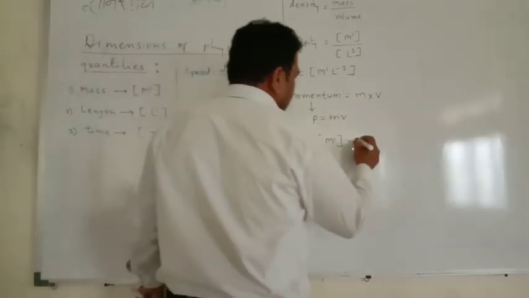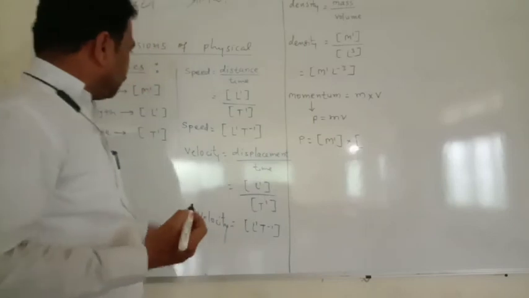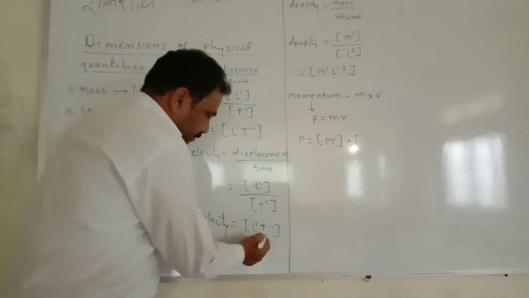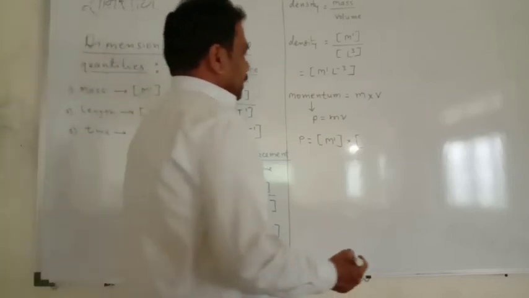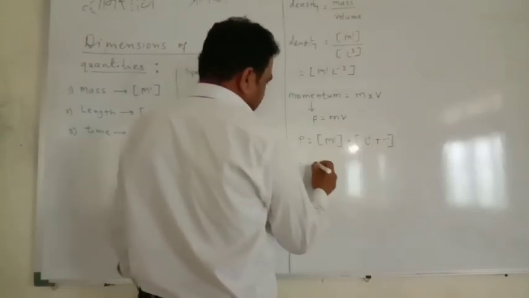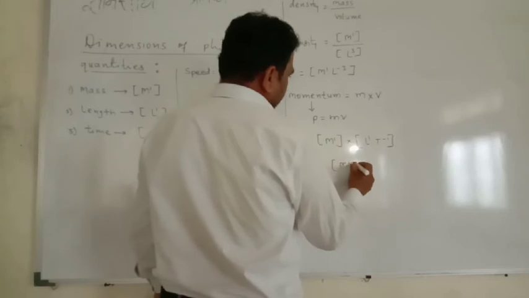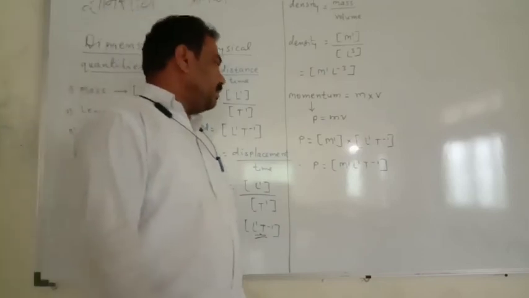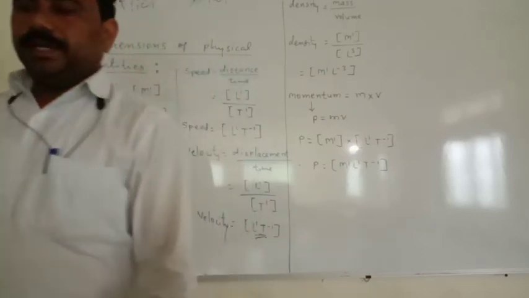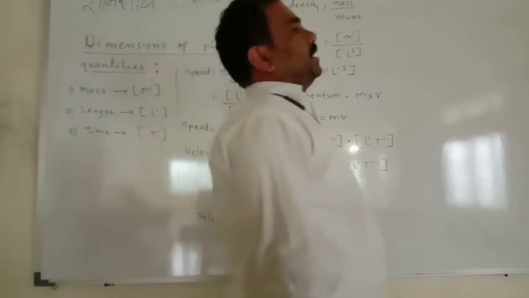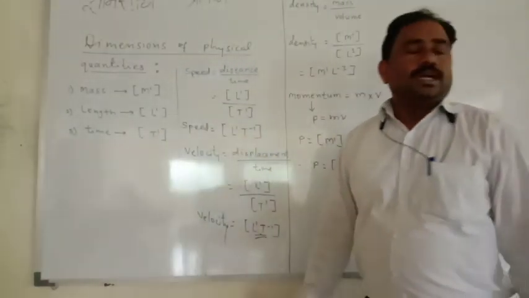For velocity, the dimension is L1 T minus 1, so we put it directly. Therefore P is equal to M1 L1 T minus 1. This is the dimension of momentum. In this way you can easily find the dimensions of various physical quantities, whatever may be given to you.